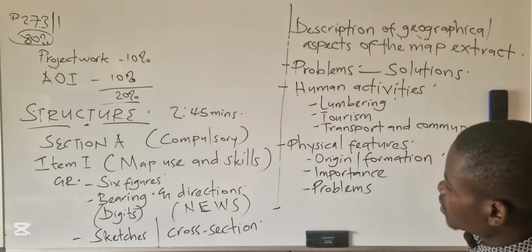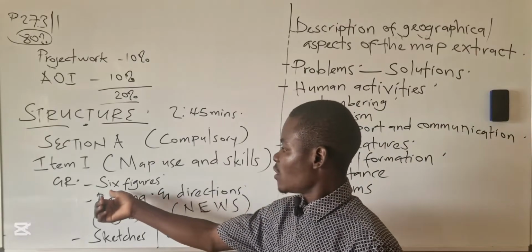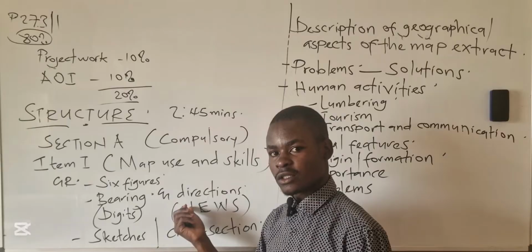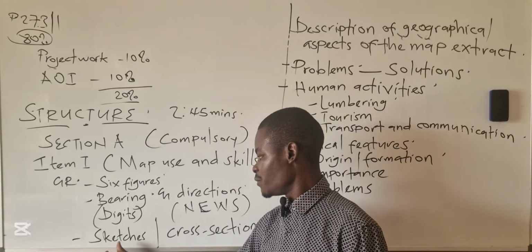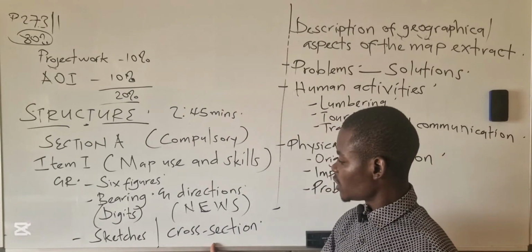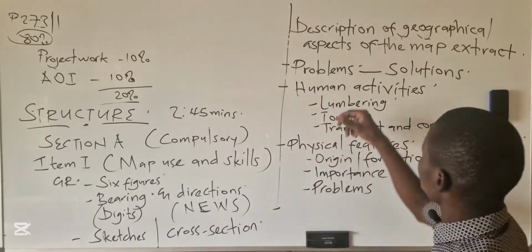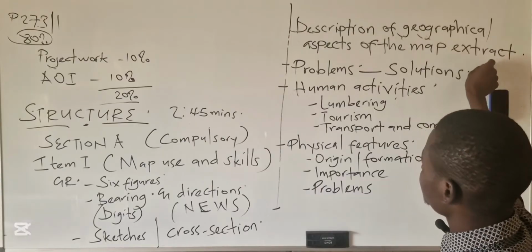Then, away from that, we've talked about the grid reference, we've talked about bearing and directions. It's so important. We've talked about sketches. If not a sketch map, you may be required to draw a cross section, and of course this one requires a graph page. Then the description of geographical aspects on the map extract.